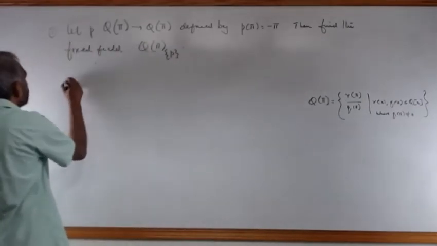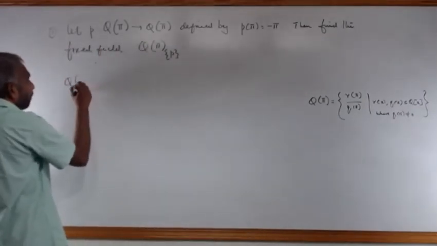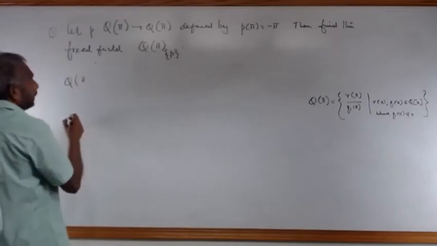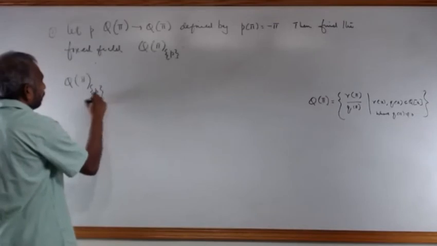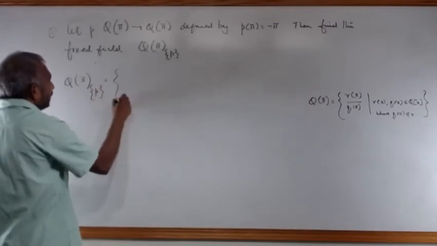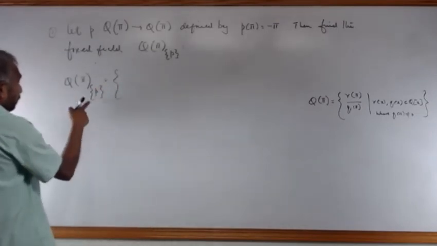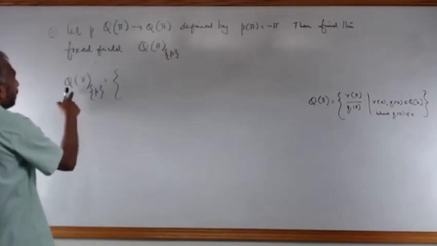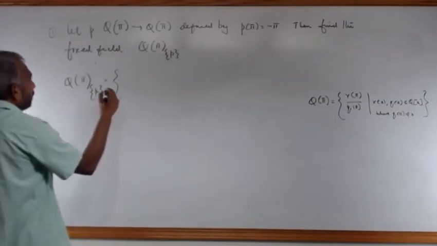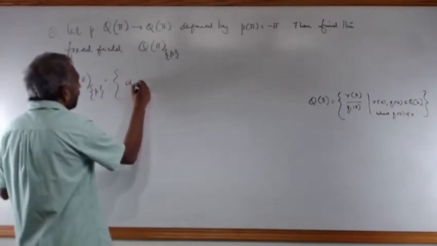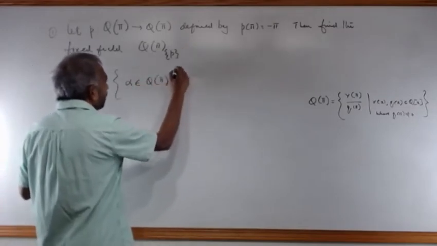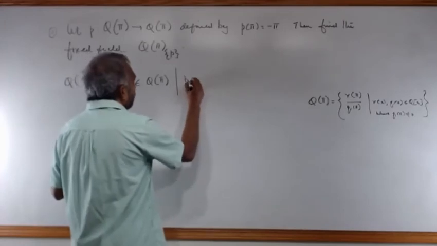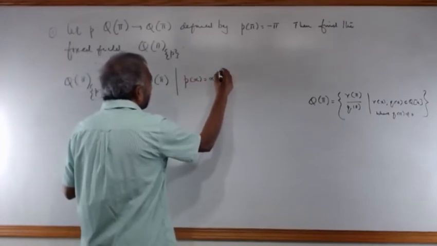So Q of pi, the field extension, is the definition of the fixed field. The definition of the fixed field is alpha belongs to Q of pi such that P of alpha is equal to alpha.